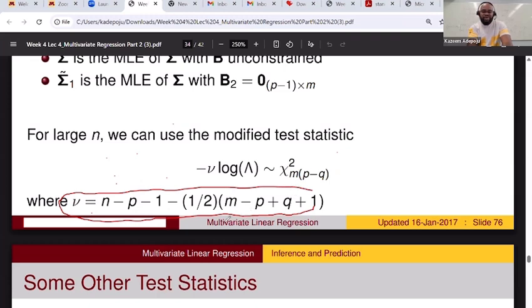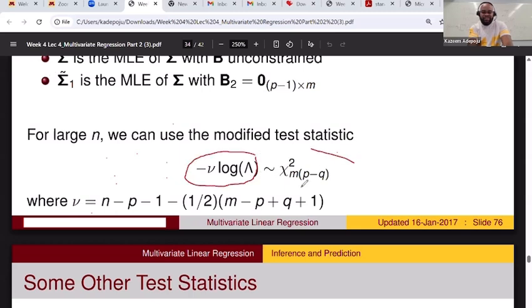And the difference is going to be the degrees of freedom for the chi-square, just take note of that. So the test statistic will reject the null hypothesis if this is greater than the chi-square critical value. That's what we're going to use.